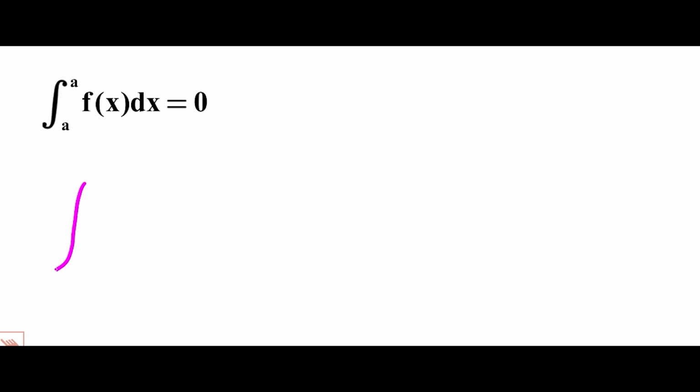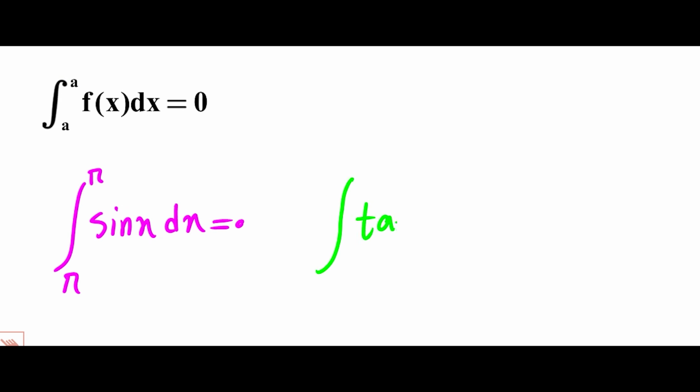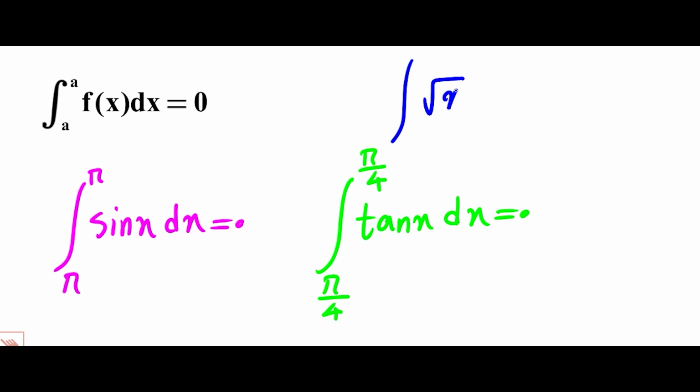For example, the integral of sine of x dx from pi to pi is 0, or the integral of tangent of x dx from pi over 4 to pi over 4 is 0, or the integral of the square root of x dx from 2 to 2 is 0.